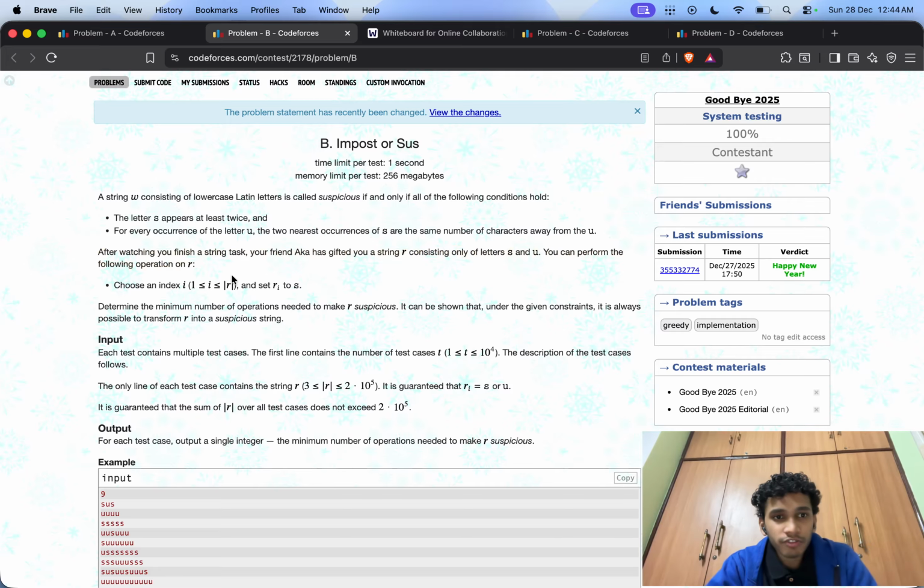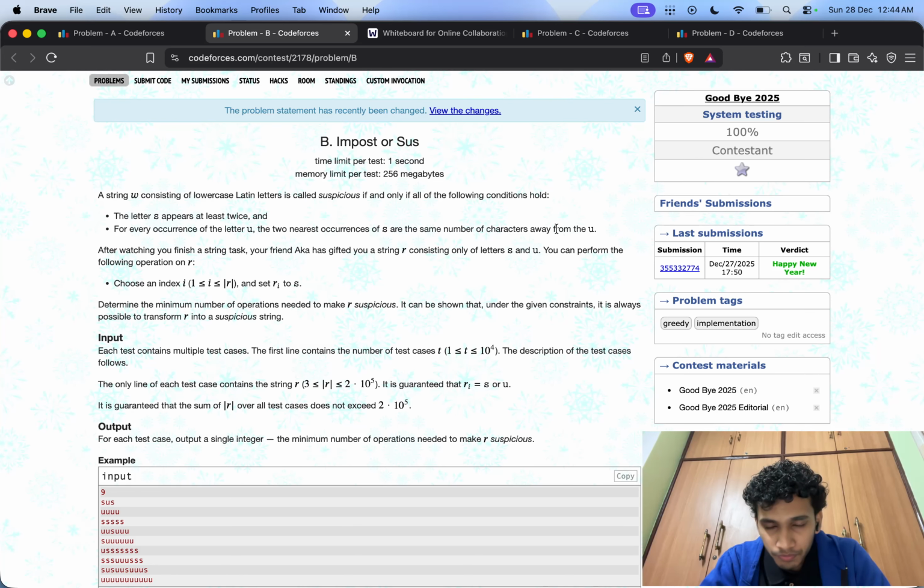After watching you finish a string task, your friend has gifted you a string R consisting only of letters S and U. You can perform the following operation on R. Choose an index i and set R i to S. Determine the minimum number of operations needed to make R suspicious.